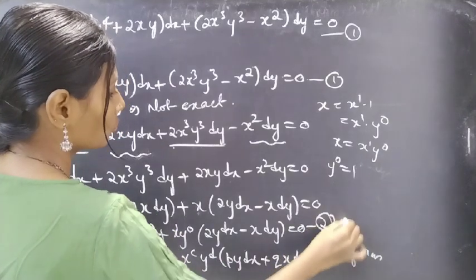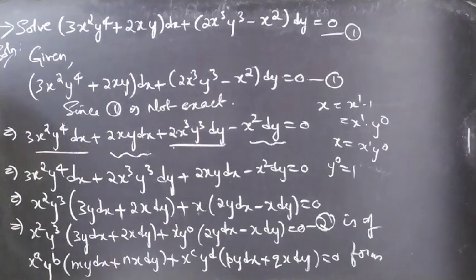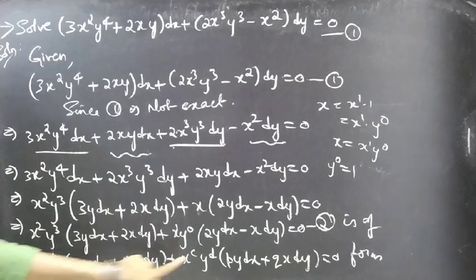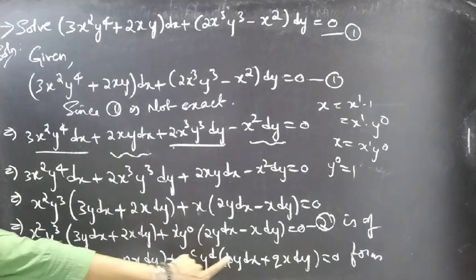Consider as equation 2. Equation 2 is of this form, right? Now by comparing these two, we'll get the values of a, b, c, d, m, n, p and q.